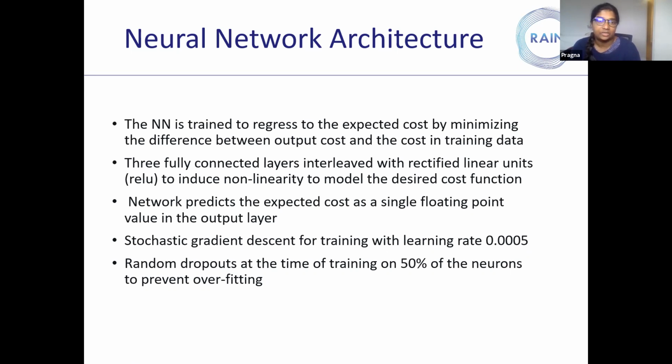And then we expect the cost as an output from the model as a single floating point. Then we do stochastic gradient descent with a learning rate of 0.0005. And also we use random dropouts at the time of training. And we have used 50% of the neurons to be dropped out to prevent the overfitting.